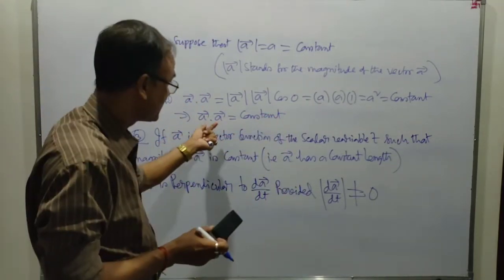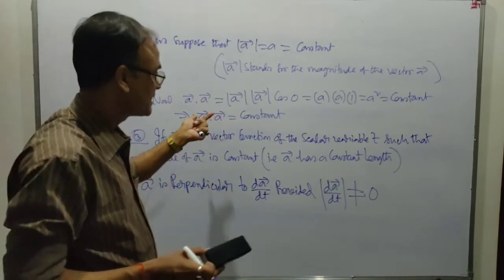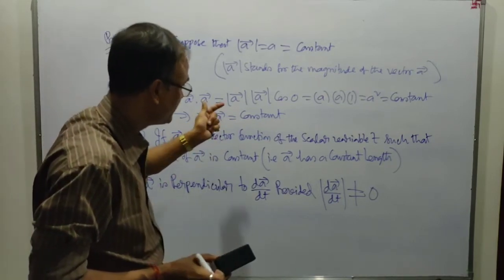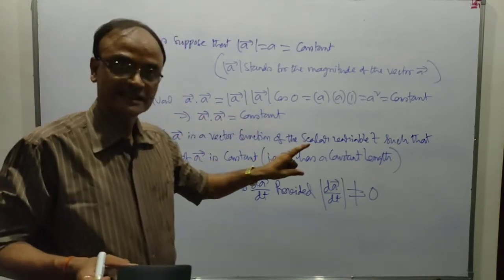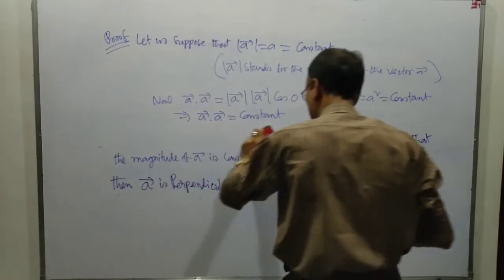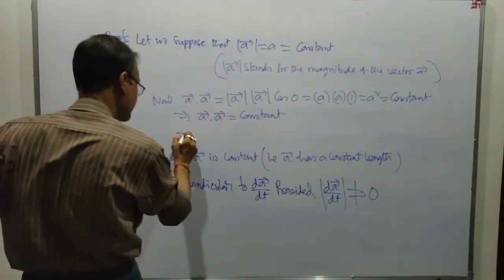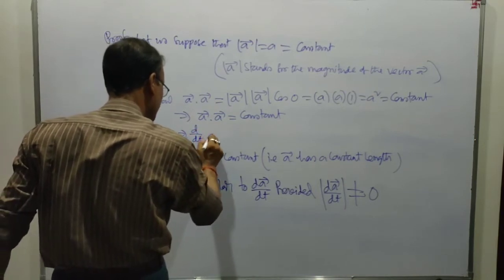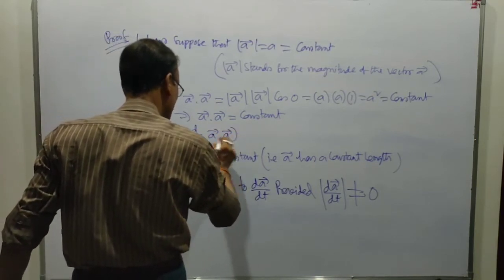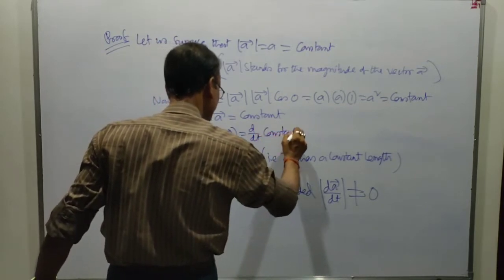Notice that the dot product of two vectors will be a scalar quantity, and the cross product of two vectors is a vector quantity. This means d/dt of A vector dot A vector is equal to d/dt of a constant.